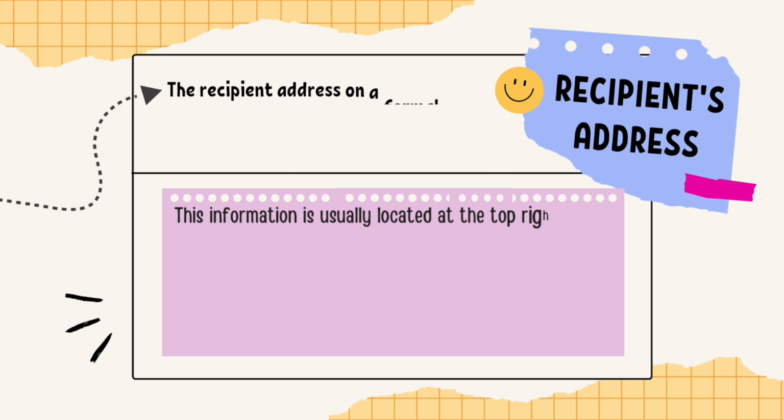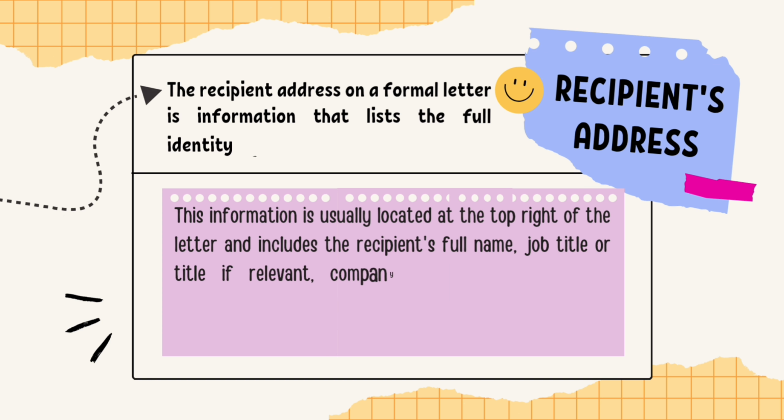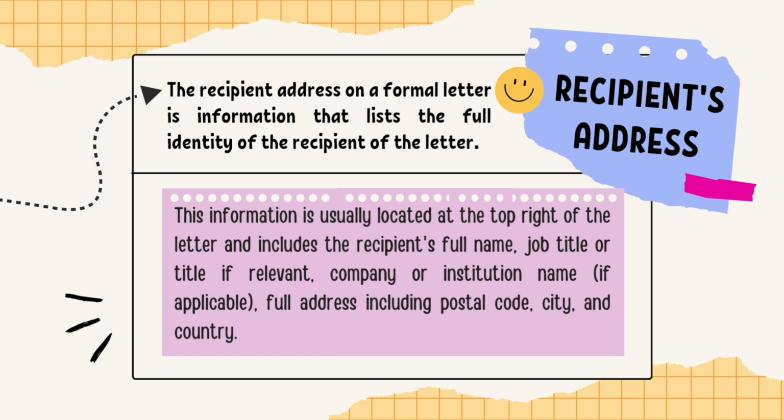3. The recipient address on a formal letter is information that lists the full identity of the recipient of the letter. This information is usually located at the top right of the letter and includes the recipient's full name, job title or title if relevant, company or institution name if applicable, full address including postal code, city, and country.